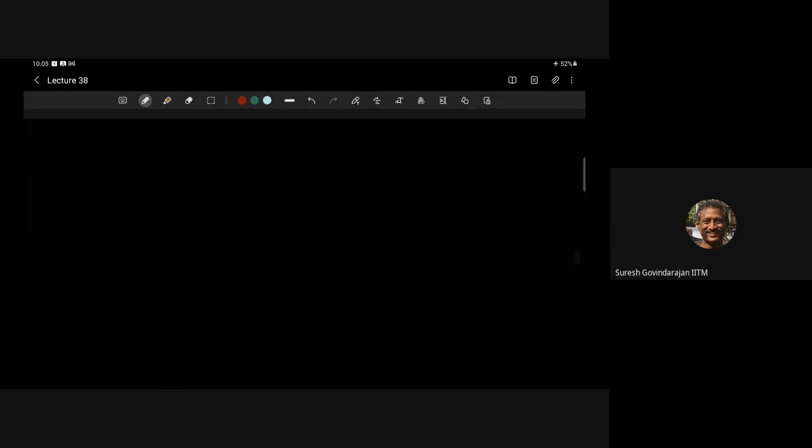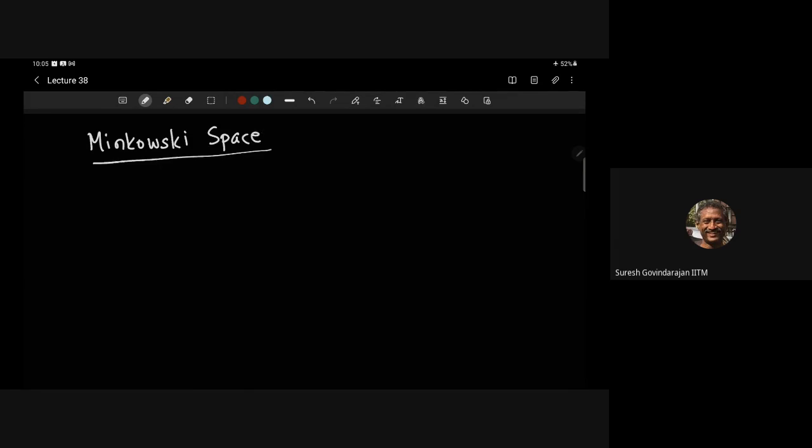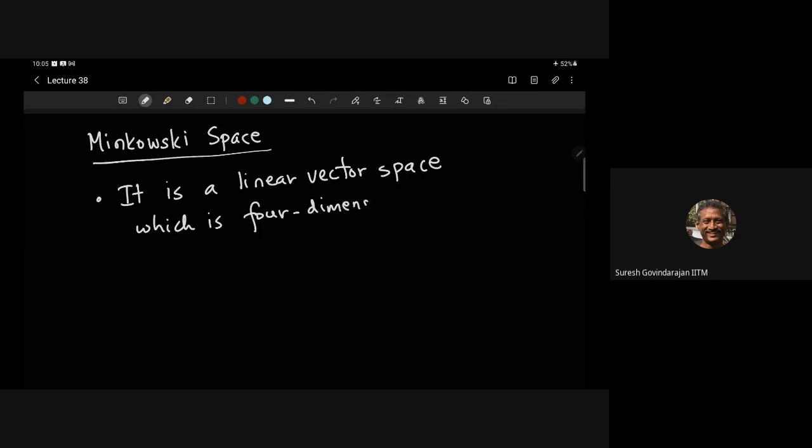Okay, so now I will give a slightly different description, so I'll introduce something called Minkowski space. It's just a linear vector space, which is 4-dimensional. Let's give it some notation.